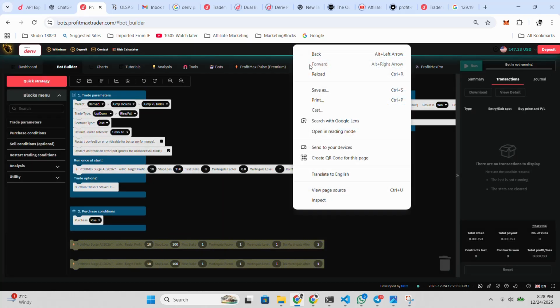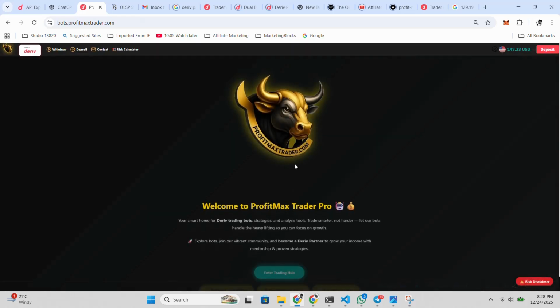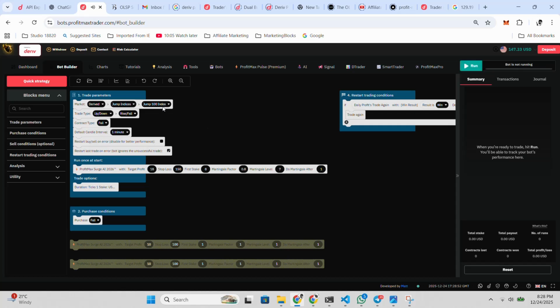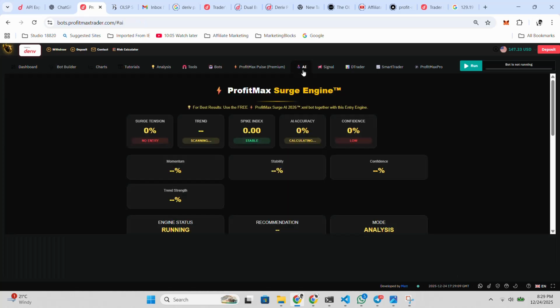Always give it some time, or if you see the run button has disappeared, you can refresh the site again. Always don't be in a rush. Take your time, and you should be able to get some good trades.